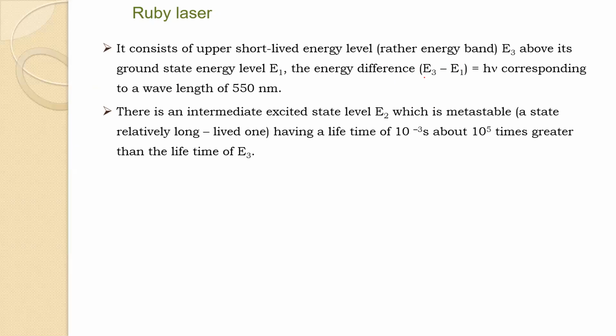The difference between E3 and E1, that is E3 minus E1, equals h nu, corresponding to 550 nanometer. The pumping we use is a xenon flash lamp. The metastable state E2 has a lifetime of 10 raised to minus 3 second, which is 10 raised to 5 times greater than the lifetime of E3. E3 is a short lived state.